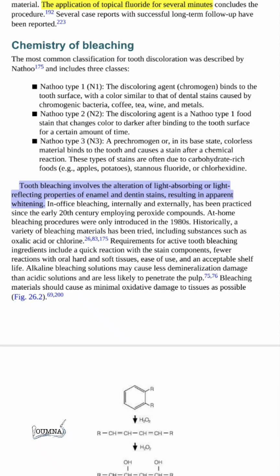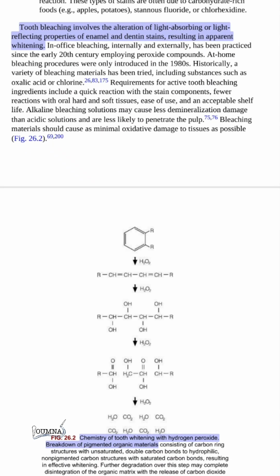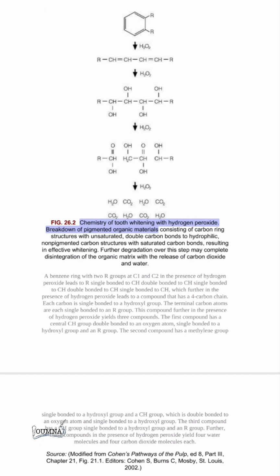How does it happen? It happens due to the alteration of the optic properties of the pigment molecule, where an oxidation happens and breaks down the bonds of the big molecule of the pigment.